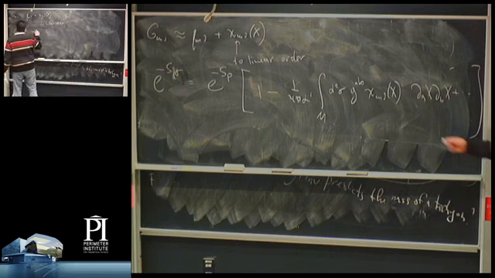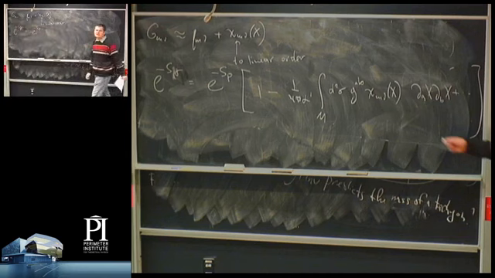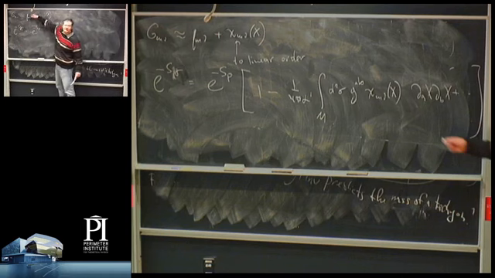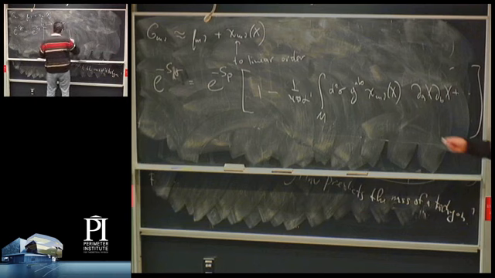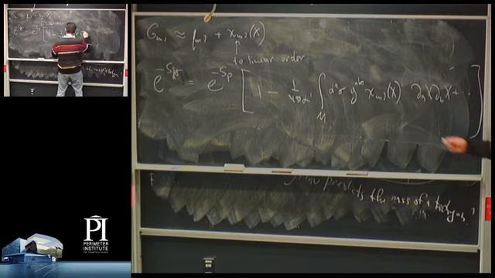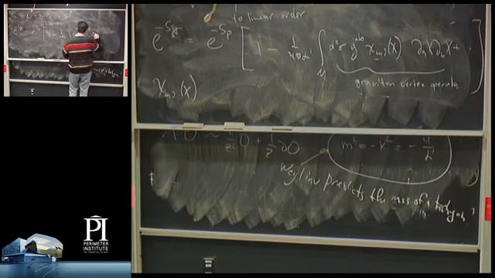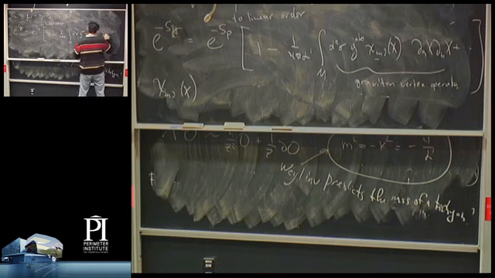And so what I will get is e to the minus S sub P. I will get a Polyakov action that will be the zeroth order when I go back to the Minkowski metric, and then there will be one minus 1 over 4 pi alpha prime, an integral over the worldsheet d^2 sigma square root of g, a perturbation which is a function of x, del a x, del b x, and then there will be higher order corrections which are quadratic and so on.